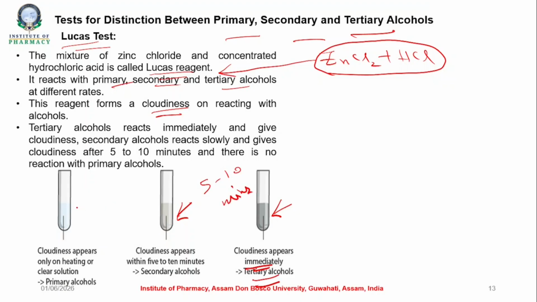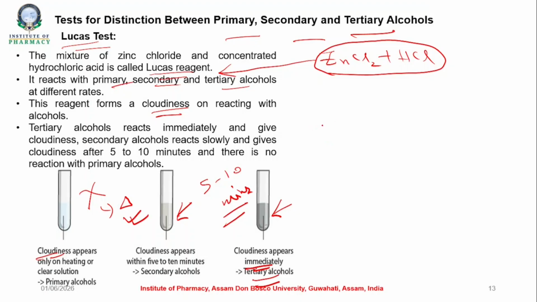If we take primary alcohol with the Lucas reagent, there is no formation of cloudiness. However, if you apply heat, then the cloudiness will be formed. So this test helps us identify between primary, secondary and tertiary alcohols based on how much time it takes for the cloudiness to form.